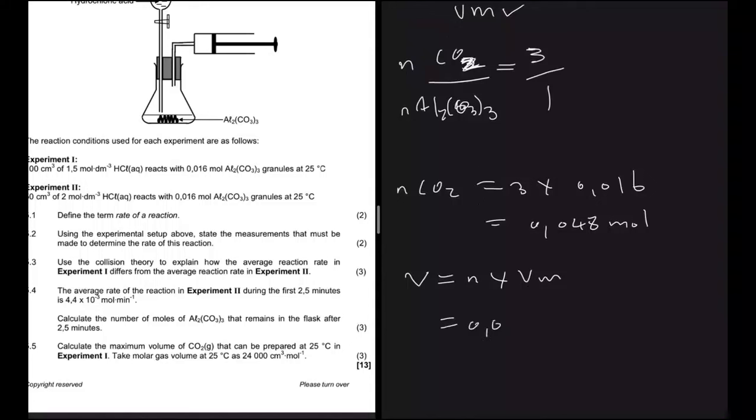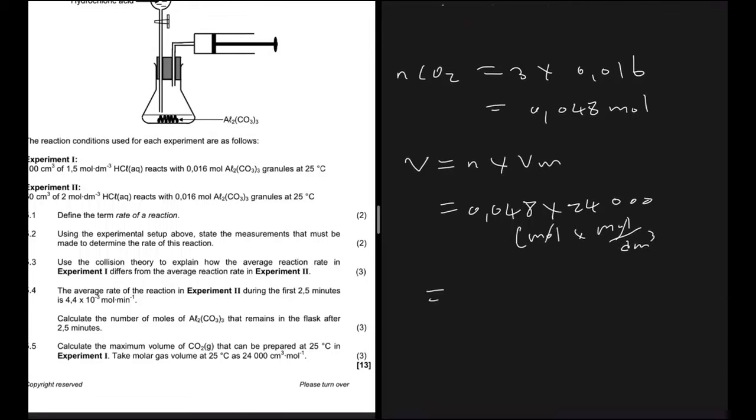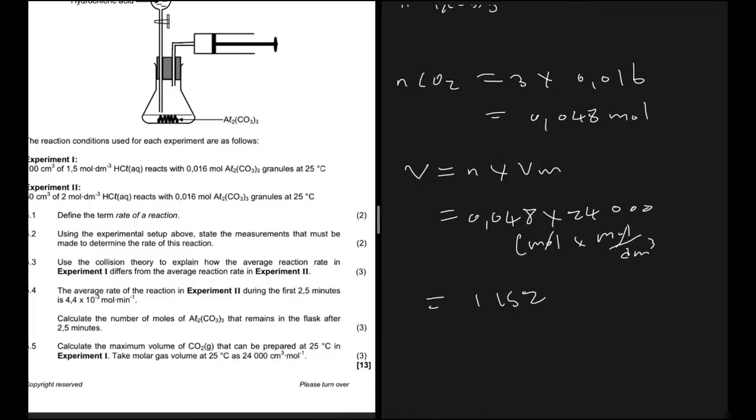So we have 0.048 multiplied by 24,000 decimeter cube per mole. The moles and mole cancel out. Putting that in the calculator, we end up with 1,152 decimeter cube.